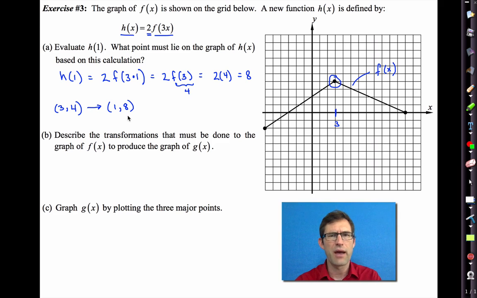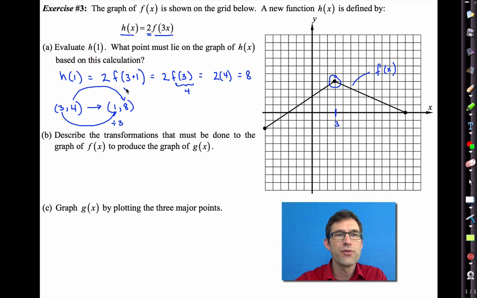Now I want you to think about that. What happened? Well, the x value was divided by 3, but the y value was multiplied by 2. So whatever happens to y works kind of the way you'd think it would. I multiplied the overall function by 2, so all the y values get stretched, or multiplied, by 2. But I multiply that x value first by 3, and all those x values get divided by 3.